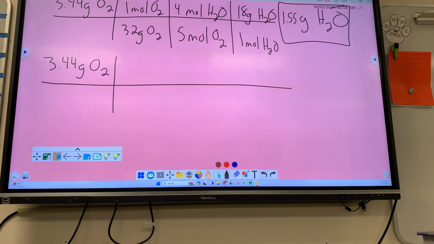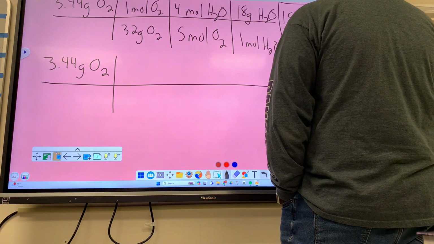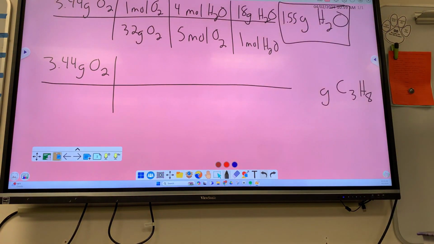So the trick here is we need to find out how much of that C3H8 we burnt up in this particular reaction. So we need to go to grams of C3H8. We need to solve this T-chart first. We know we had extra, right? Because of that first problem we did.